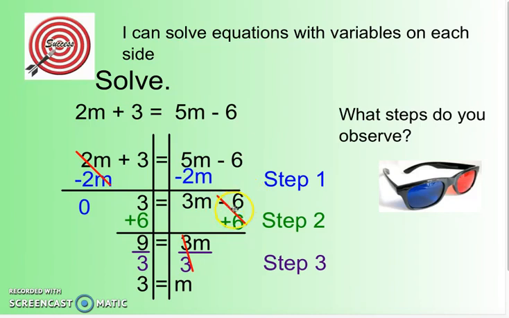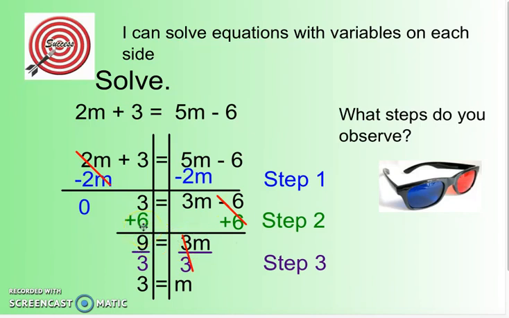And so in this problem, we are subtracting 6 from 3m. So we want to get rid of that minus 6. And we are always going to do the inverse operation. So we're going to do the opposite of minus 6, and that is positive 6. So if I do negative 6 plus 6, that is 0. So it has disappeared now.